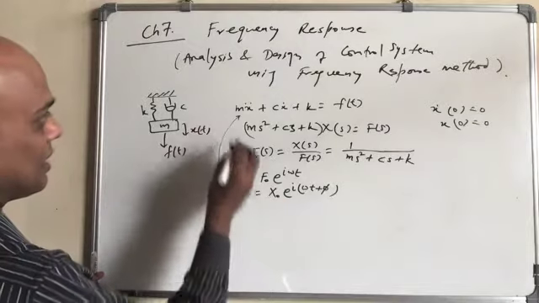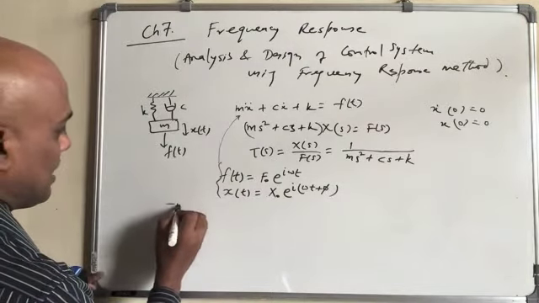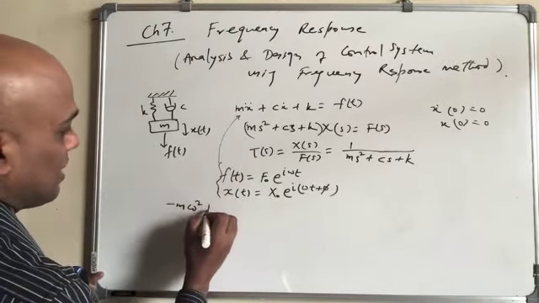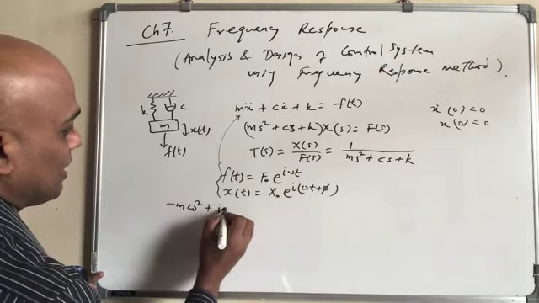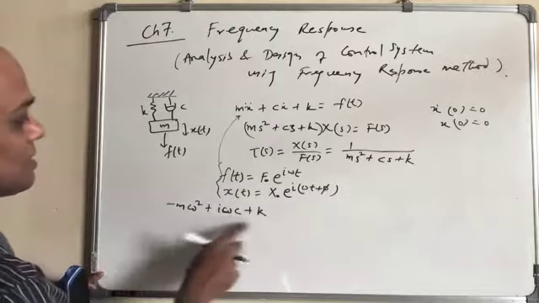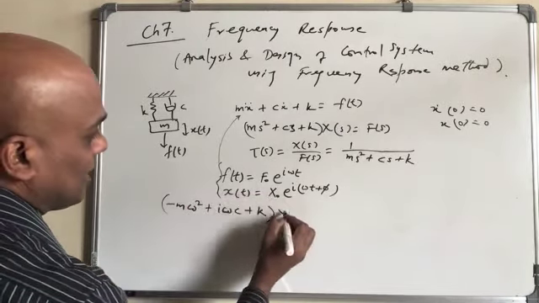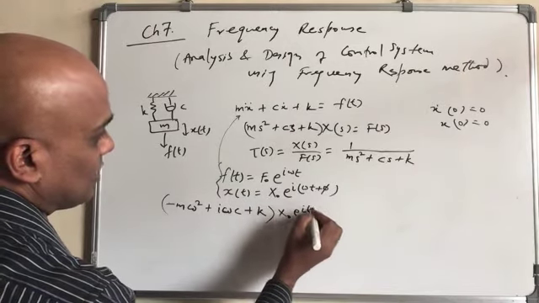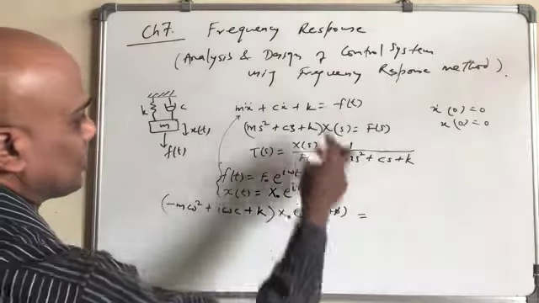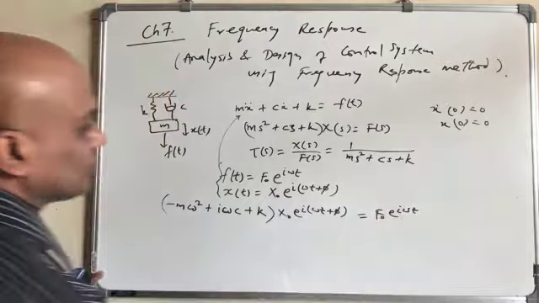You found (minus m omega squared plus i omega c plus k) x naught e to the power i (omega t plus phi) is equal to F naught e to the power i omega t.